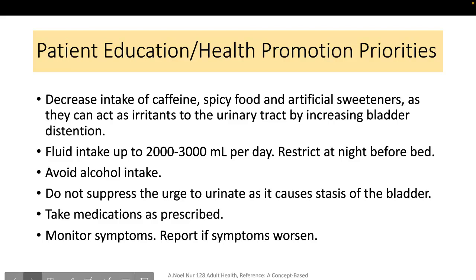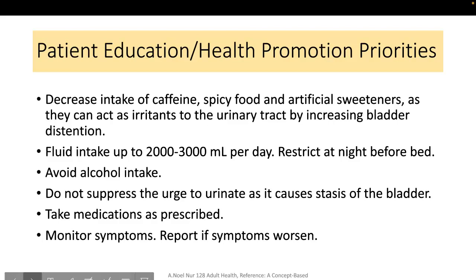And fluid intake up to 2 to 3 liters, or 2,000 to 3,000 mLs per day, and restrict at night. So you want to continue to have the patient drink fluids unless there's some contraindication by another medical condition. You want them to continue to flush the system out. So that's why we encourage 2 to 3 liters of fluid.